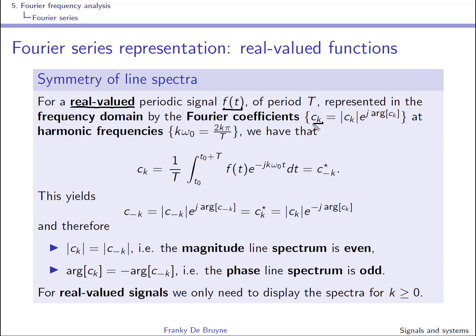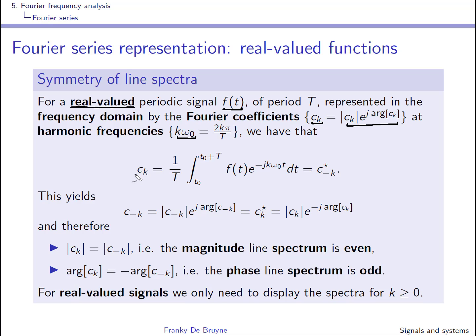They are complex numbers, remember, and a complex number you can always write in polar form, and this Fourier coefficient ck represents the contribution of the complex exponential at the harmonic frequencies k times the fundamental.